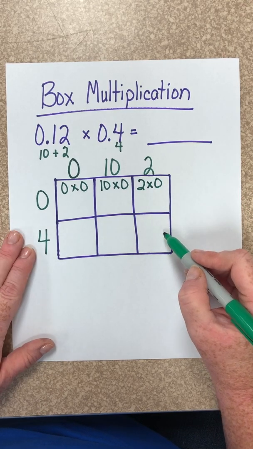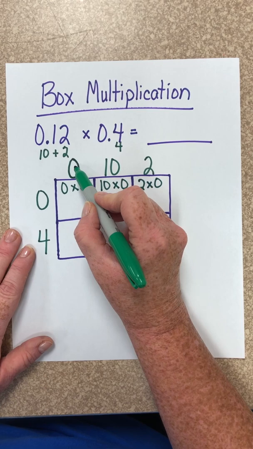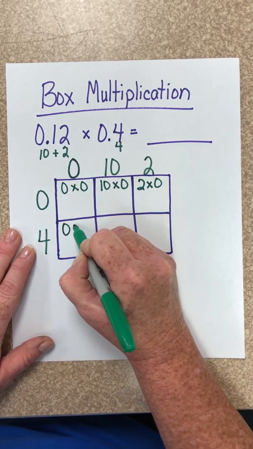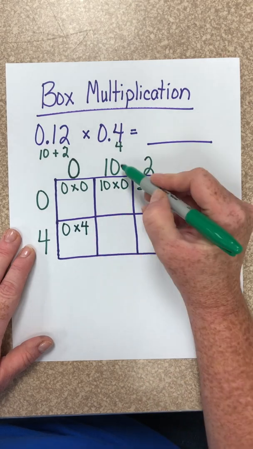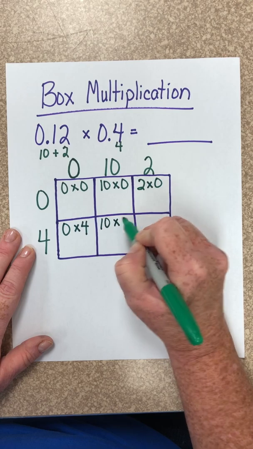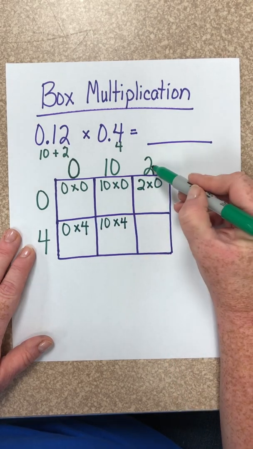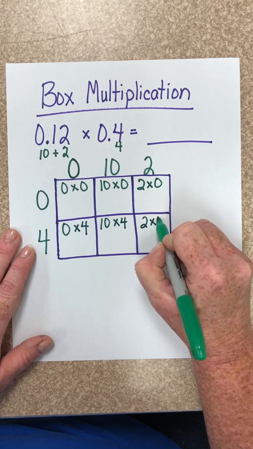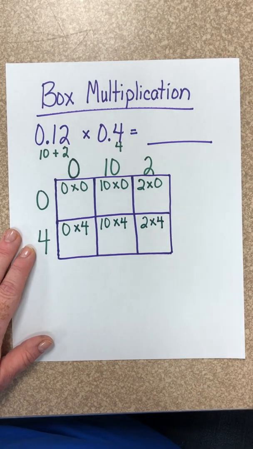Now let's go to the second row. Start at the top, 0 times 4, 10 times 4, 2 times 4. And now let's go back and multiply.